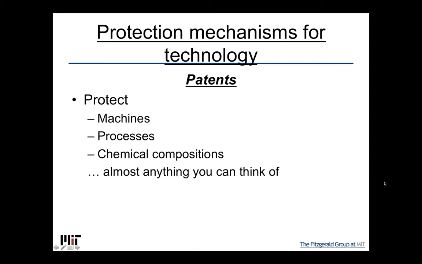For example, in the examples we've been using in class with X-rays and printing press and strained silicon, generally you protect structures, like the way things are laid out, and processes that are used to fabricate things. There's also something called a business method patent, but those are kind of coming under attack these days. But anyway, what you're trying to protect can be really anything if it falls under the patentable criterion, which we'll talk about later.